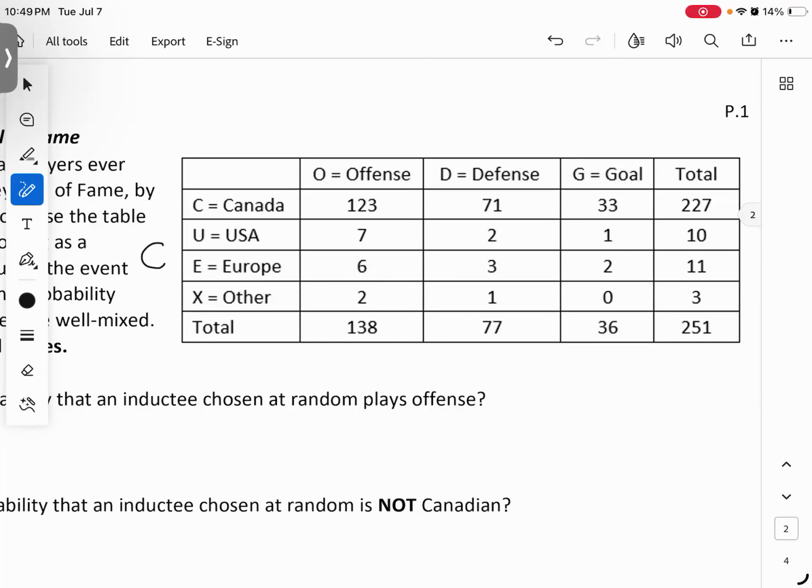Whether the player originated from Canada or whether they were more of a USA player or Europe or just other. And then the other categorical variable is the position that they played. Like were they an offensive player, defense, or were they goalie? And you can see definitely Canada has a whole lot of players who have been inducted into the Hockey Hall of Fame. And what we're going to do is use this table as a way to find probabilities.